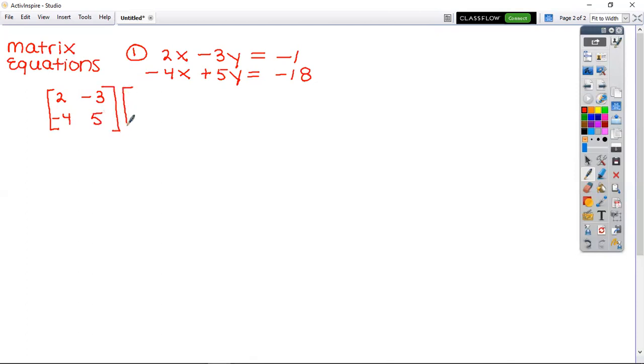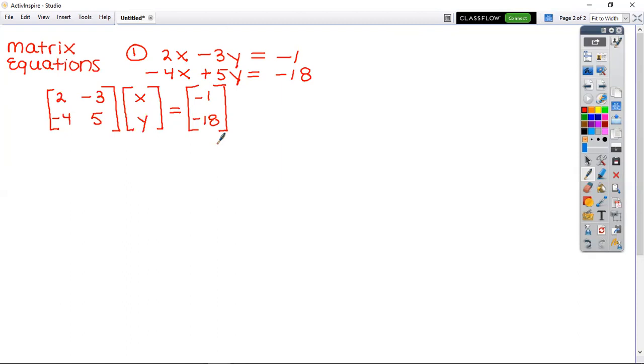And that's going to be my coefficient matrix. Here's my matrix with the variables. So I go x and y. And then I set this equal to -1 and -18. That has to be written.